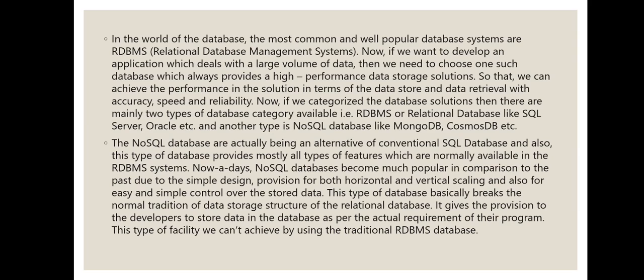Nowadays, NoSQL databases have become much more popular than in the past due to simple design, provisions for both horizontal and vertical scaling, and easy and simple control over the stored data.